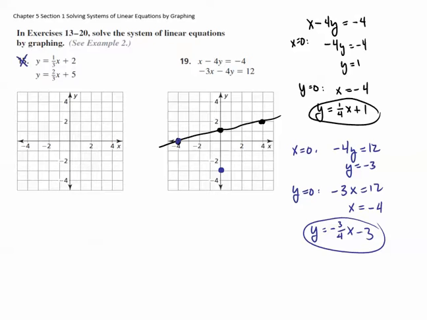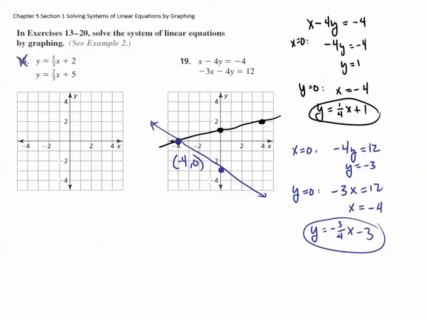You can graph it either way. Down 1, 2, 3, over 1, 2, 3, 4. And I don't think we have room for any more points on that graph. So the solution to this system of equations is x is equal to negative 4, y is equal to 0. All right, we'll go on from there.